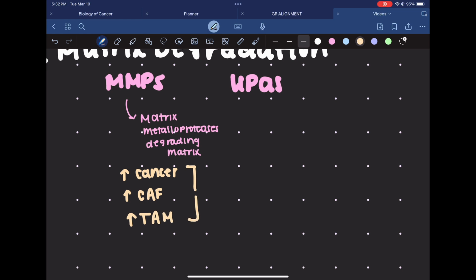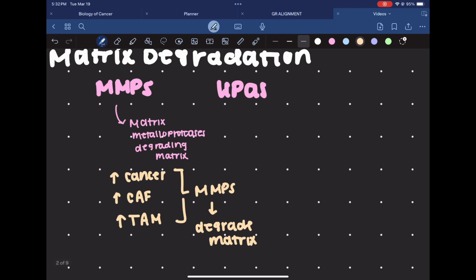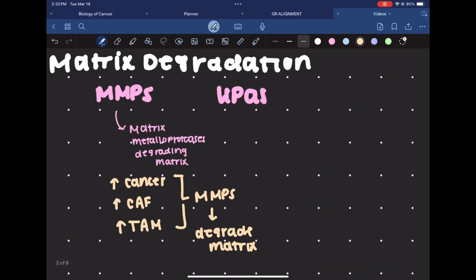So all of these are going to be making MMPs that can then go and degrade the matrix. Which again is kind of that mesh that surrounds these cells when they are outside of the bloodstream.